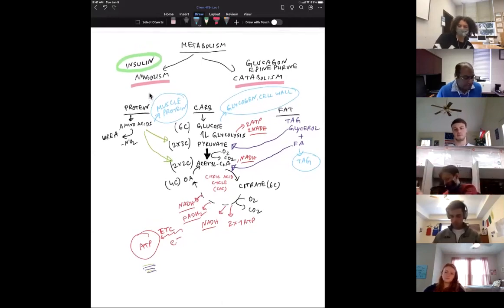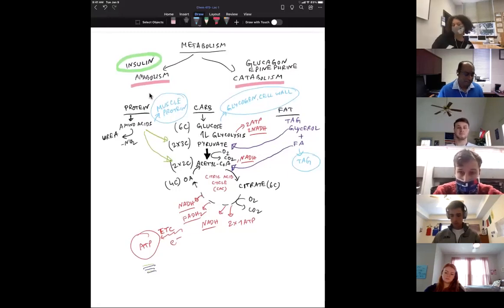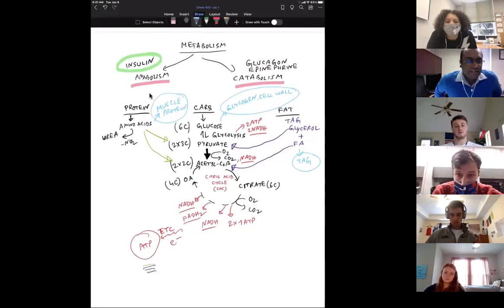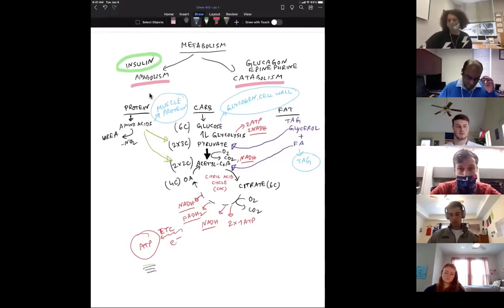Just keep in mind that the food we eat gives electrons. Those electrons are picked up by the electron carriers and delivered to the complexes in mitochondria. Complex 4 will take those electrons and reduce oxygen to water. In the process, it will pump protons, and those protons are used to make ATP.